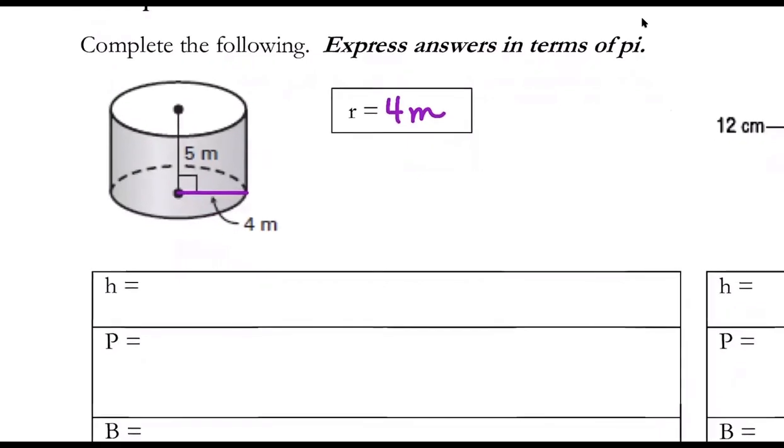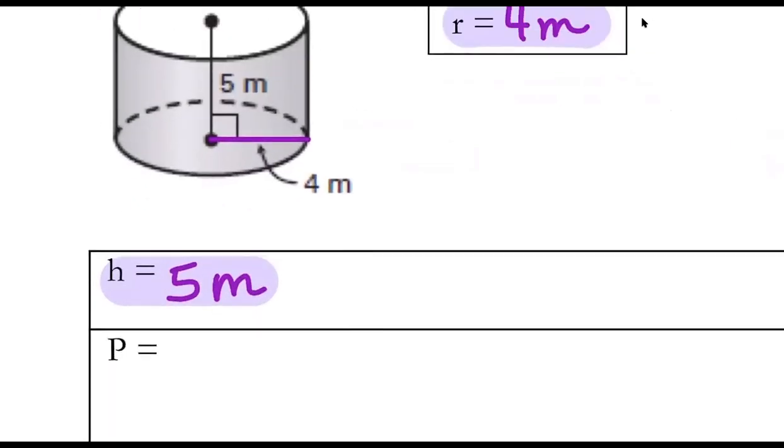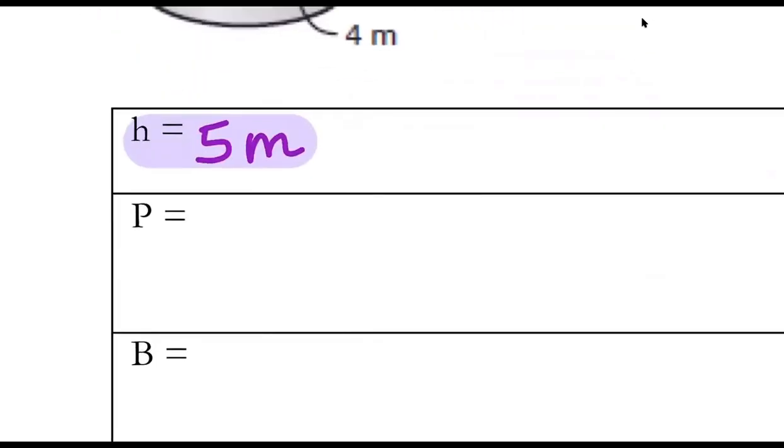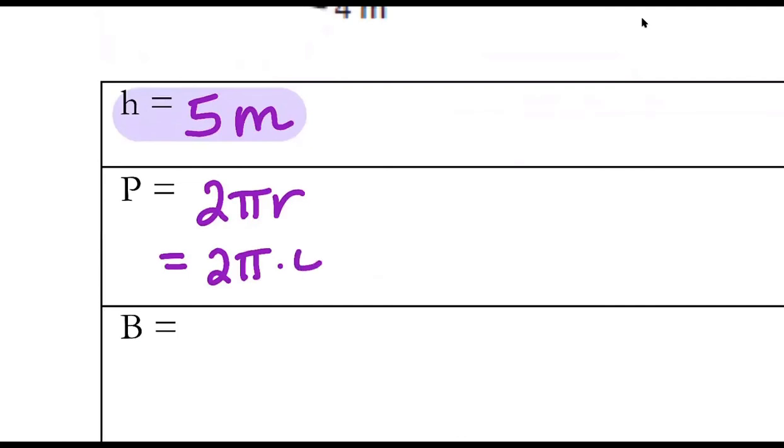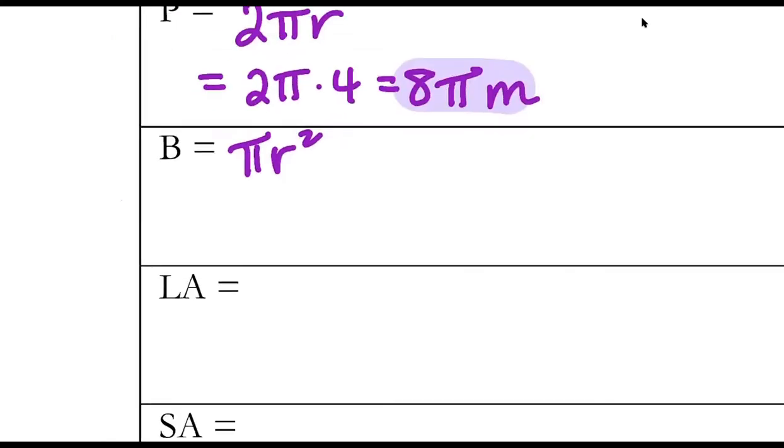What is the height? Well, the height is the perpendicular distance between the bases, so it's 5 meters. Perimeter. Perimeter is just simply the circumference. So 2 pi times the radius. So 2 pi times 4, or 8 pi meters. Okay, for base area, it's a circle, so pi r squared.